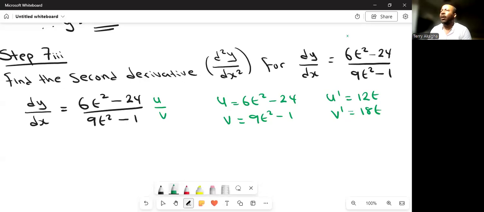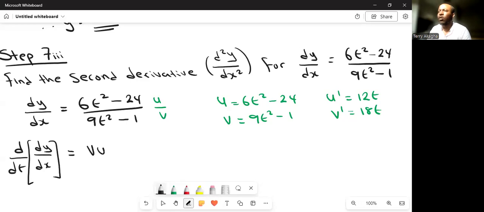All right. So based on that, we now have the dy over dx with respect to dt. We then substitute it. Remember the formula for quotient rule was vu prime minus uv prime, divided by what? V squared, okay?